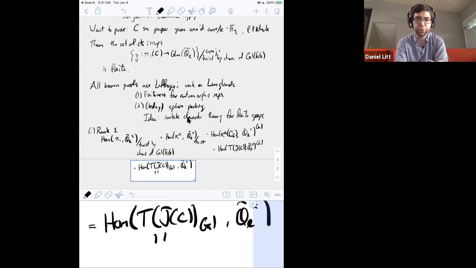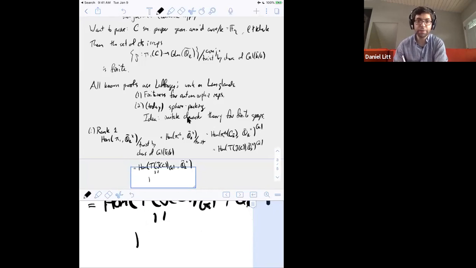And this co-invariant group has another name. Has anyone seen this before? So I claim this is actually just the set of rational points of the Jacobian.